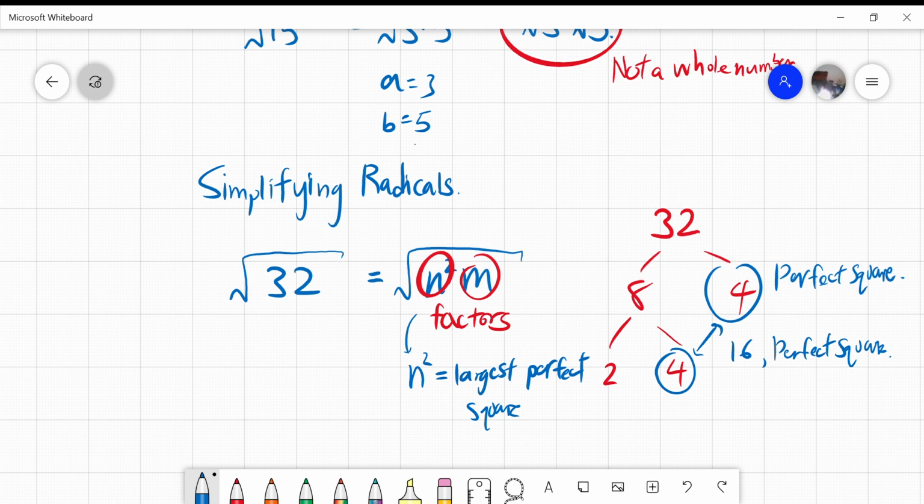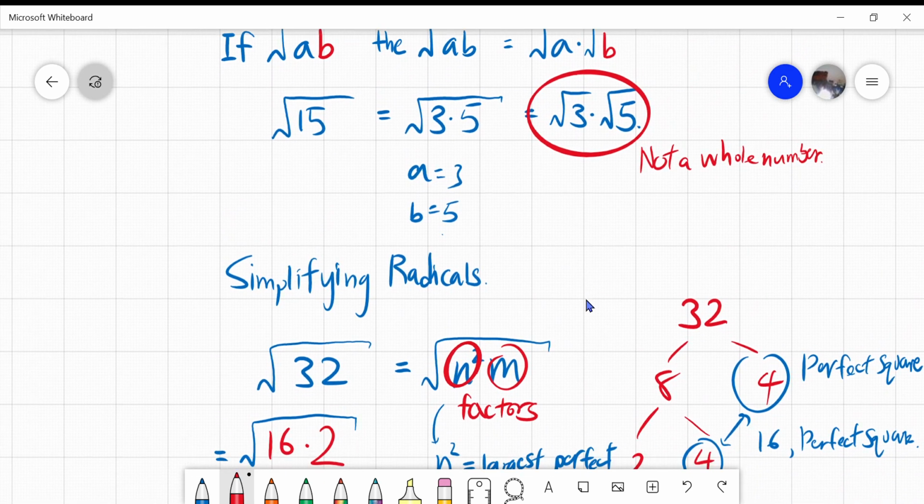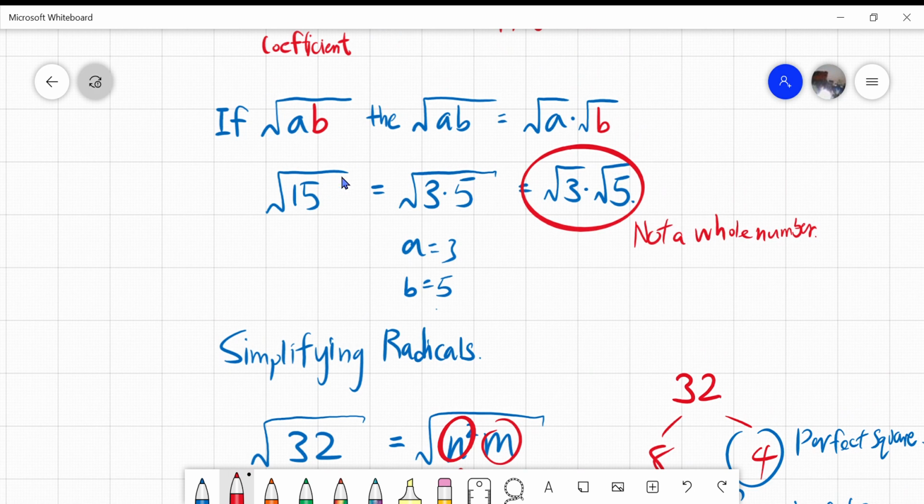So for this particular example, it will be the square root of 16 times 2, since we know that 16 is the perfect square. Therefore, we can rewrite it as this. Now, we can see that this is in the form of the square root of a times b, right?